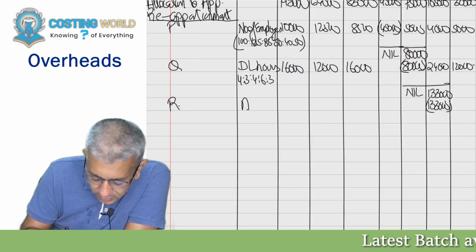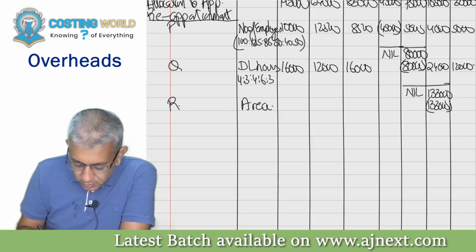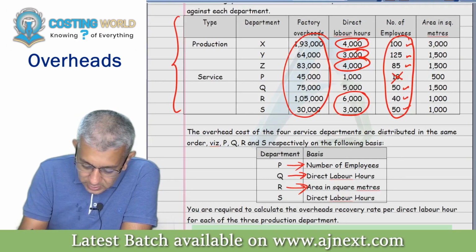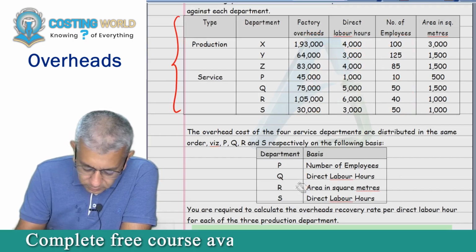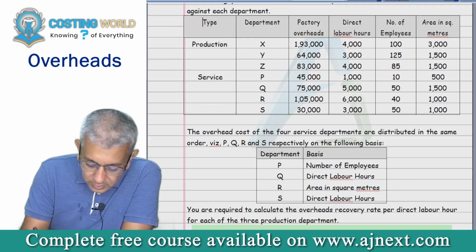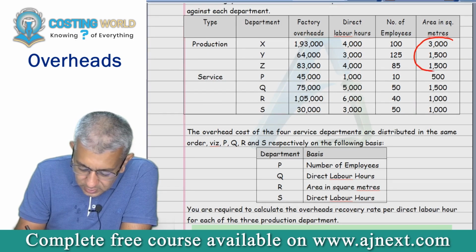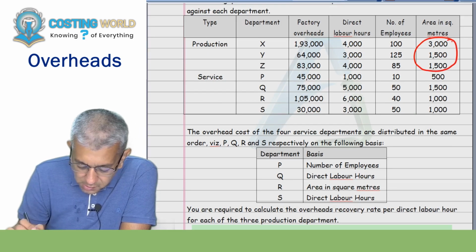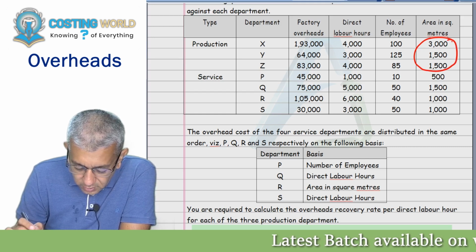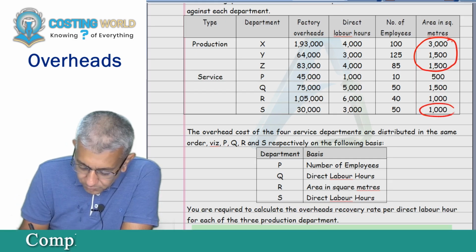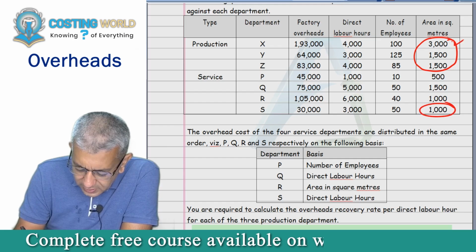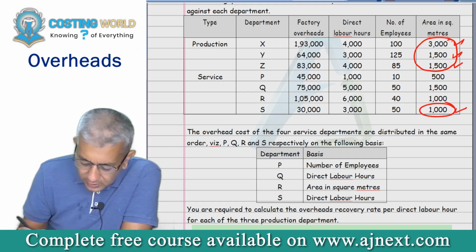I'll write down over here area. I'm writing 30, 15, 15, 10.